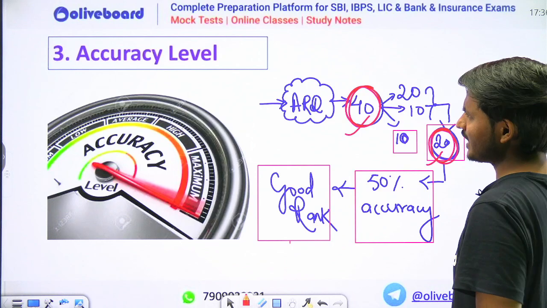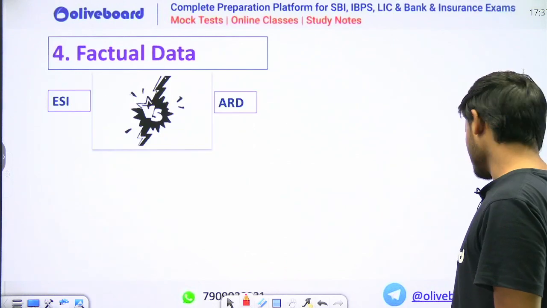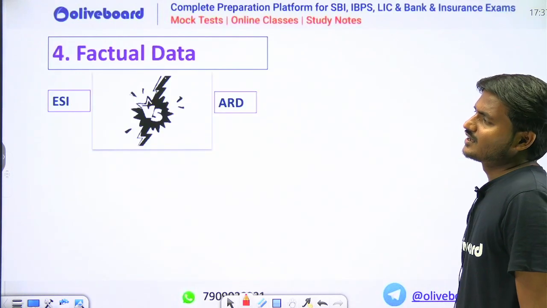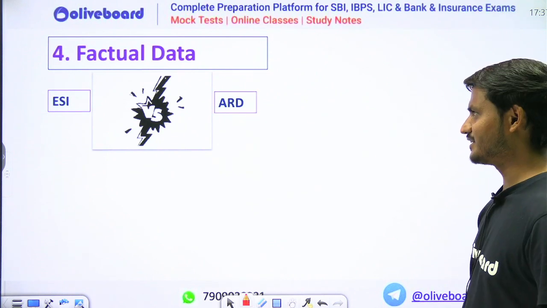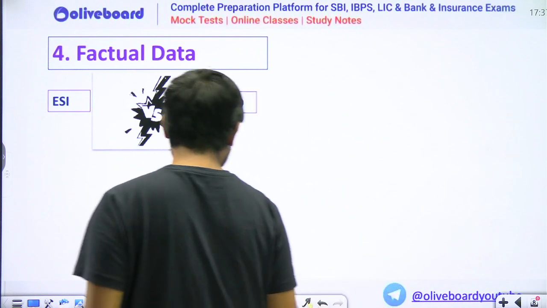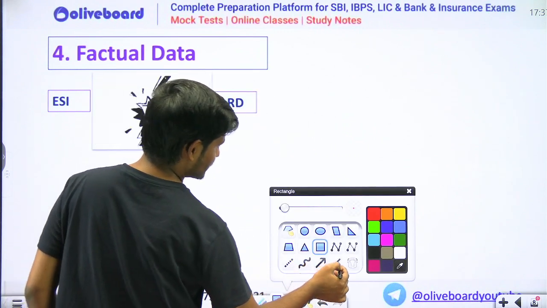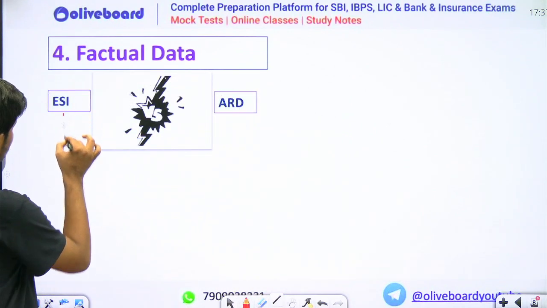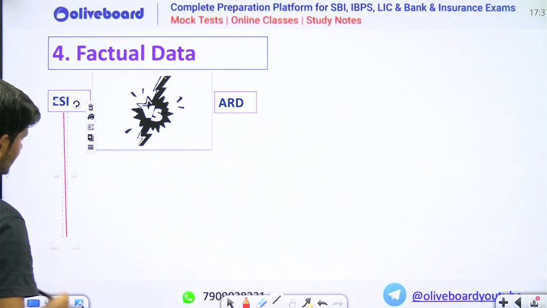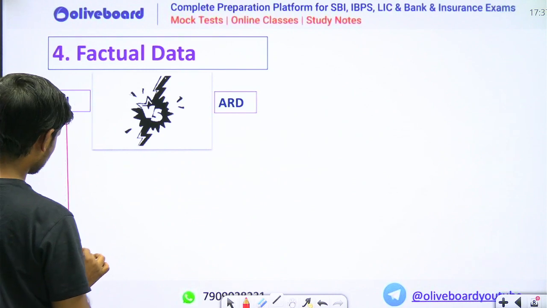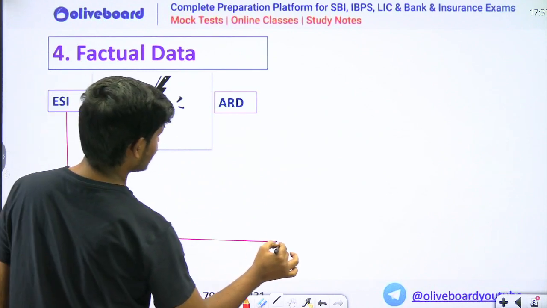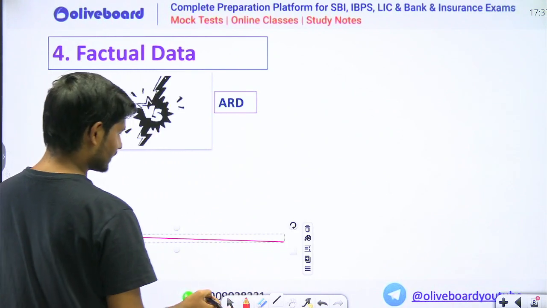Now the fourth cheat code is that two subjects again are very important, ESI and ARD. We have just seen that when it comes to ESI, what do we need to learn? Current affairs, right?